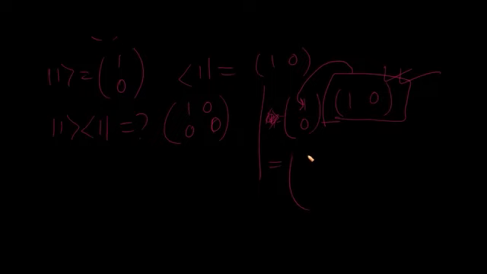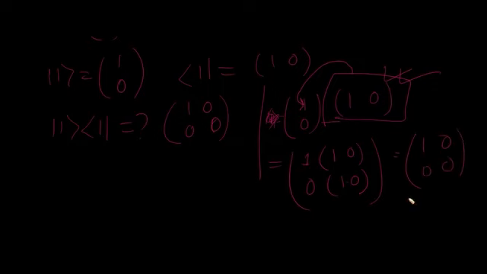Let me be explicit. You write 1, then you write 1 0, this row matrix, and then you put 0 and you put 1 0, and now you just multiply them. Notice that there are 2 elements over here, so 1 will get multiplied with 1 first and 0 later, and at this point it's just a scalar multiplication. So this is just 1 0, and 0 multiplied with these 2 numbers will give us 0.